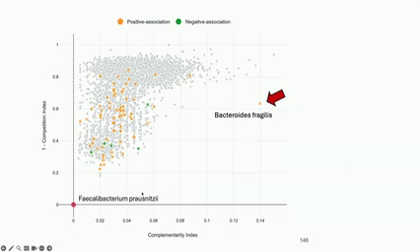For example, here is one of the most famous examples. I cannot pronounce it, it's Prevotella, and this is Bacteroides fragilis. We compute the complementary index, which is 1 minus competition.